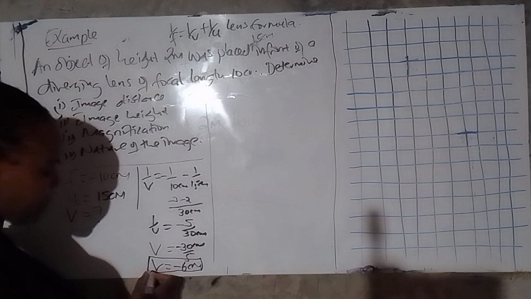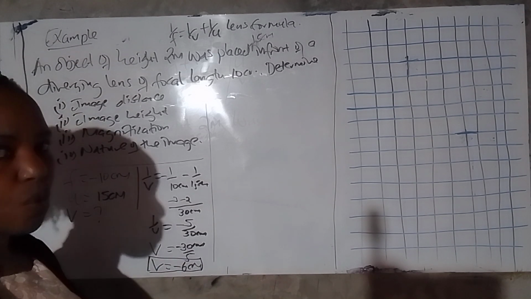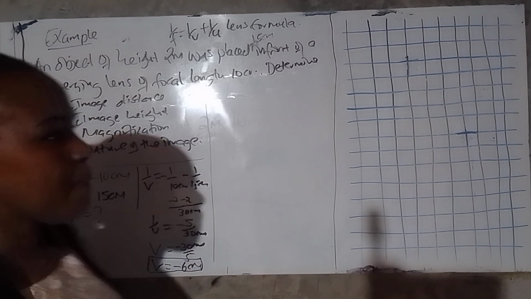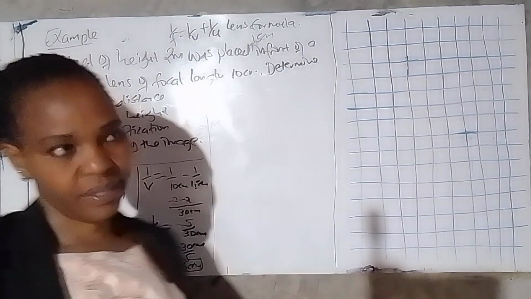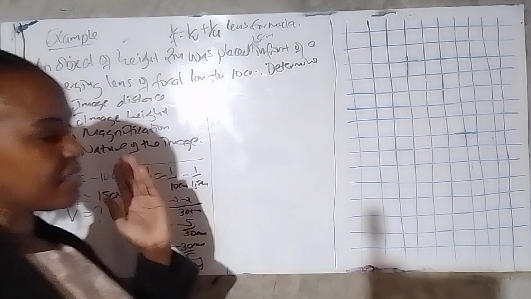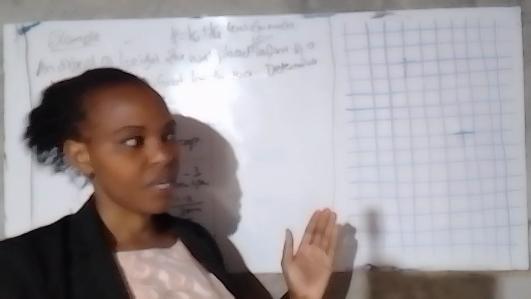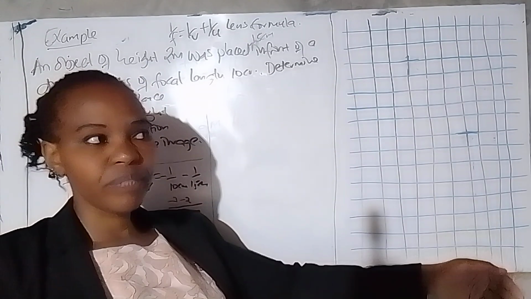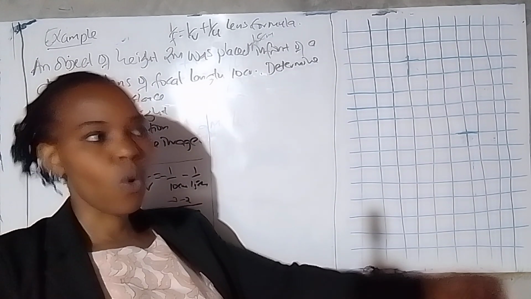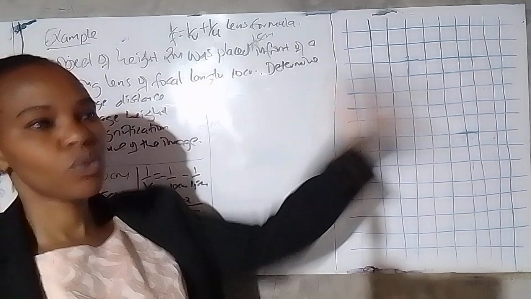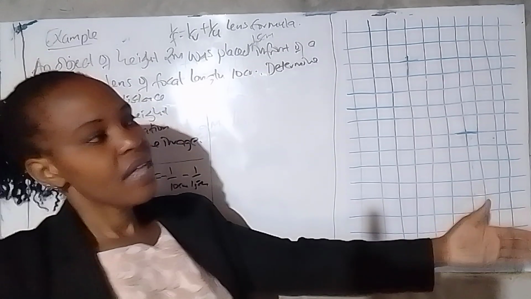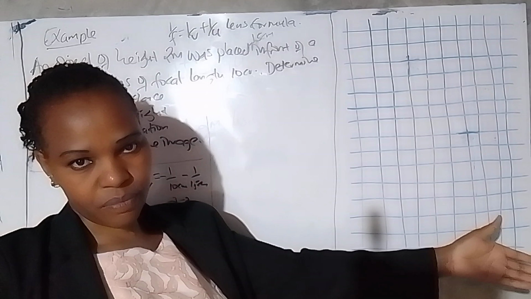So what does minus 6 centimeters stand for? Why minus? Now remember, there are two sides of a lens. There is a side where we have the object, and there is the other side of the lens, where we are supposed to form real images. That side is positive, okay?